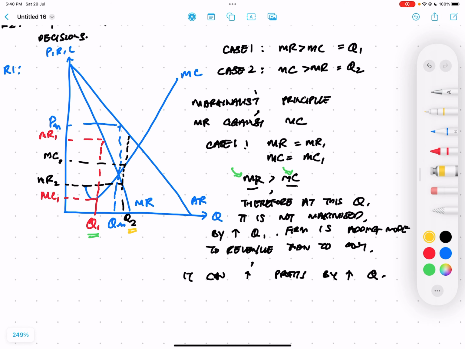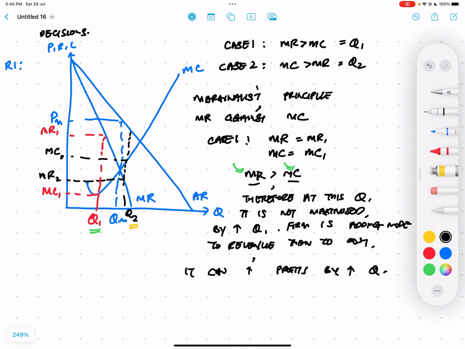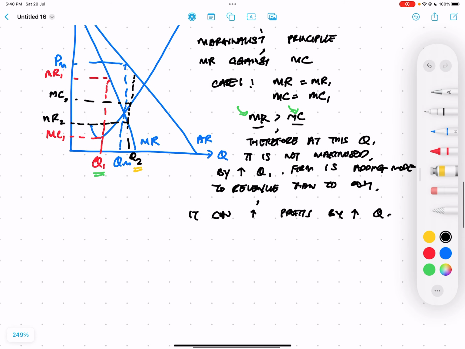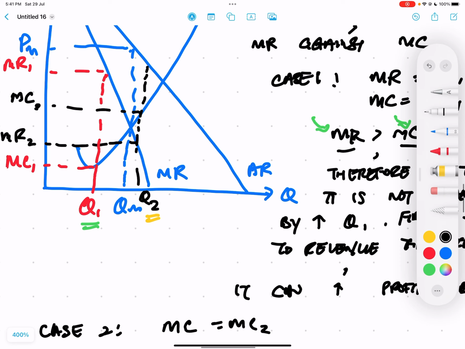That is at Q2. You just take the same explanation and flip it. In case 2, marginal cost is at MC2. What you're doing is choosing a particular quantity, Q, and reading off the MC curve. So you dash upwards.